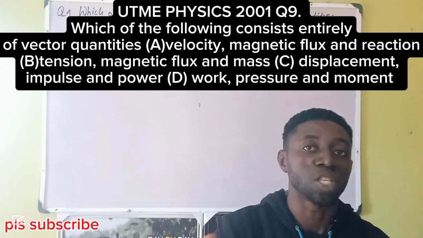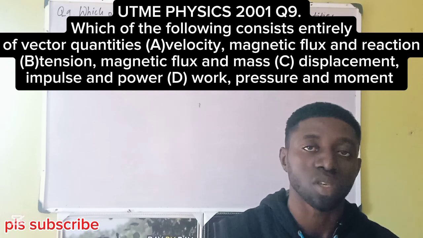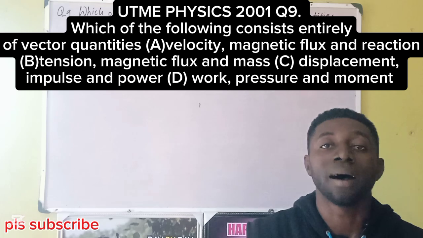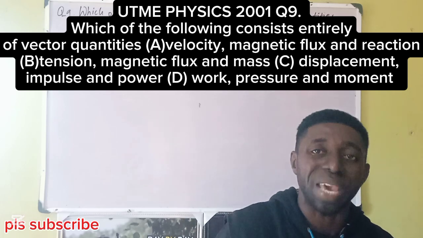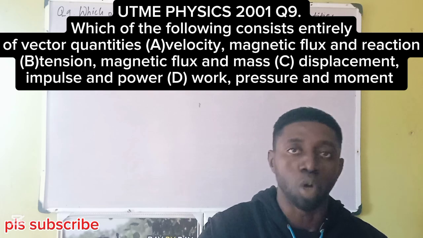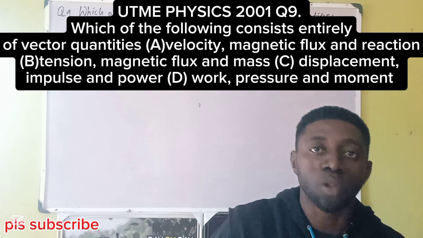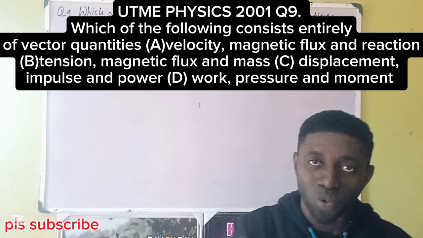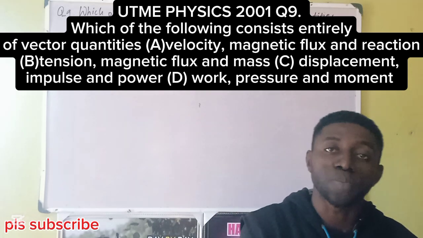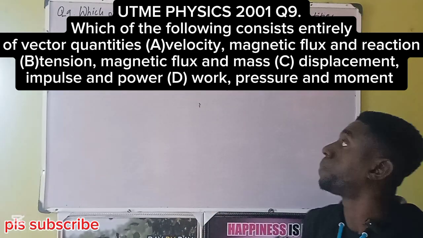But if OB is running with 10 meters per second due north, it's no more called speed. It's now called velocity because the direction of that pace has been stated. Due north, due south, 30 degrees west of north, 30 degrees east of south. These are directions. Then the name changes from speed to what? Velocity. Therefore, velocity is vector.